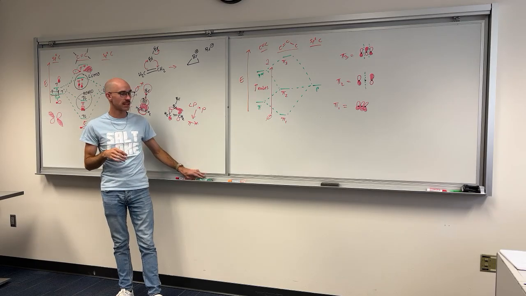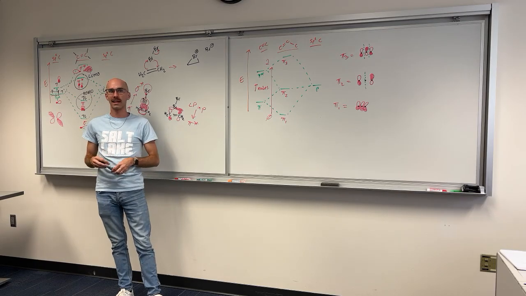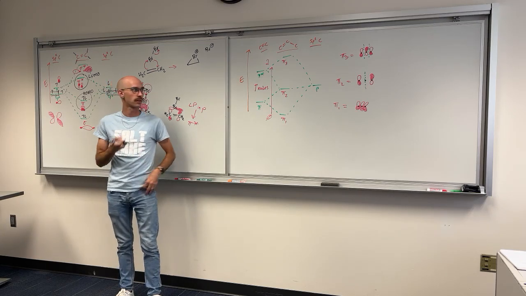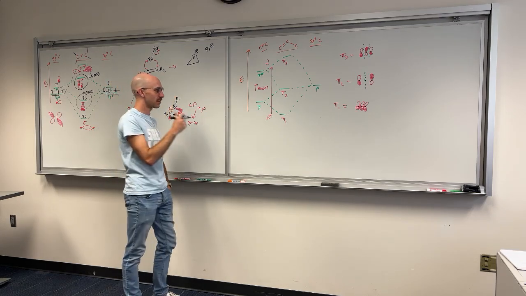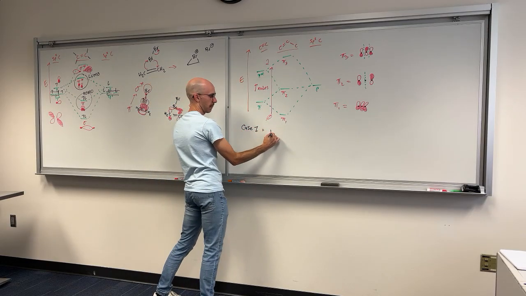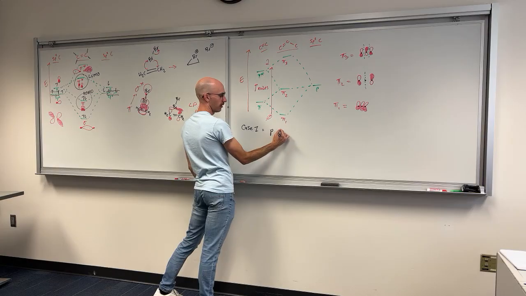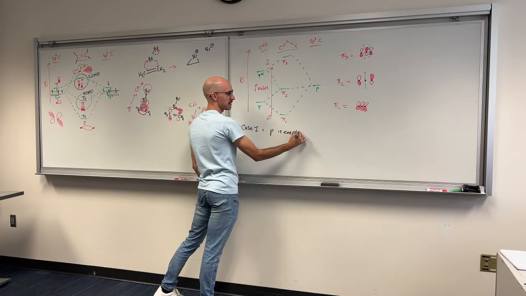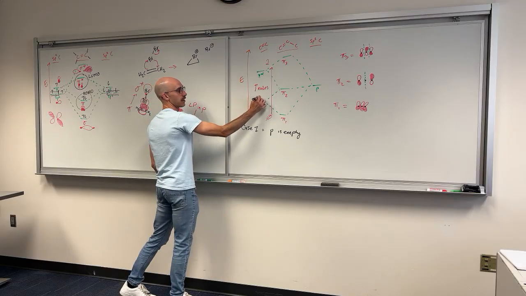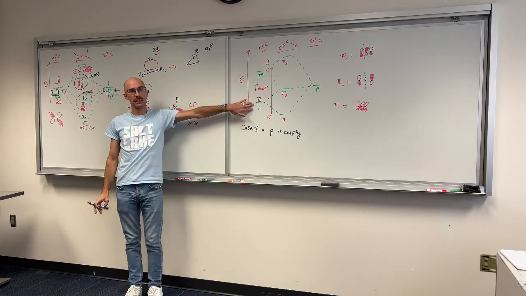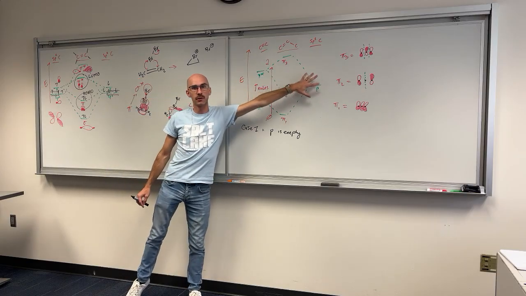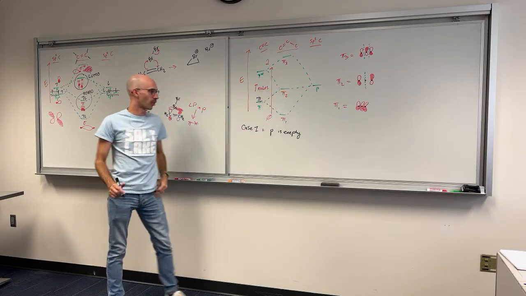Well, to understand it better, we might want to look at how many electrons we're bringing to the table. So, consider case 1. The p orbital is empty. That means that I have 2 electrons in my pi orbital, and I have 0 electrons in my p orbital.